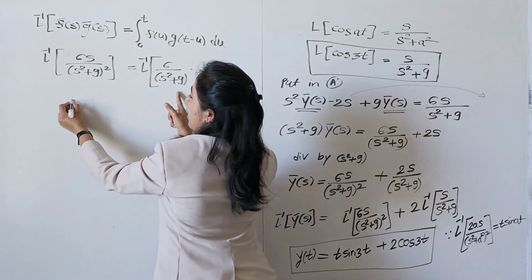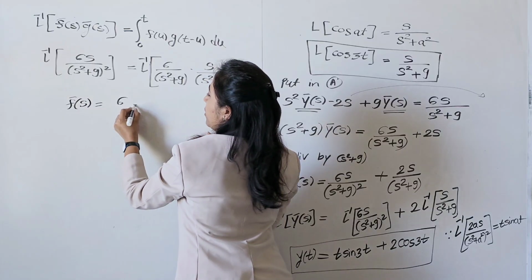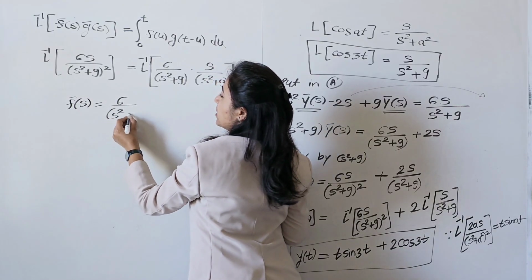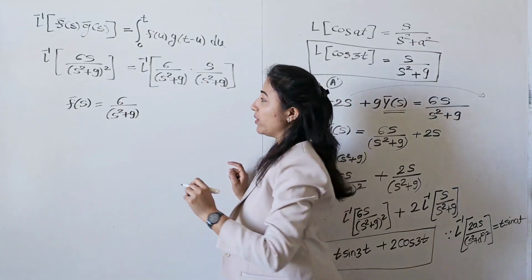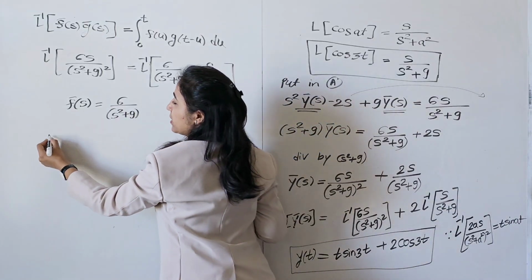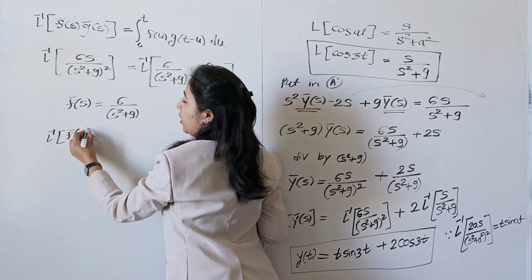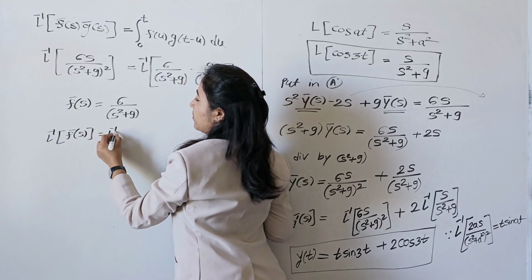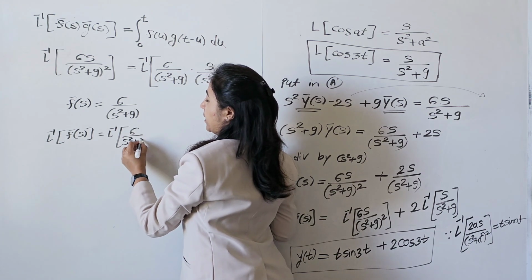So here f bar of s is 6 upon s square plus 9, and if we apply the Laplace inverse on both sides, you will get the Laplace inverse of f bar of s equal to the Laplace inverse of 6 upon s square plus 9.